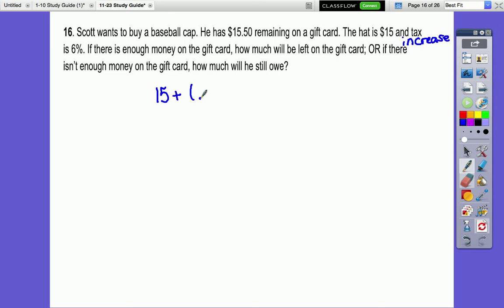We're going to add 6% of the cost of this hat. So 6% of the $15 is 90 cents. Add that back to your $15 and that will give you $15.90.